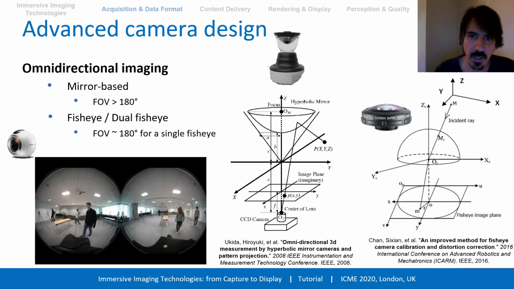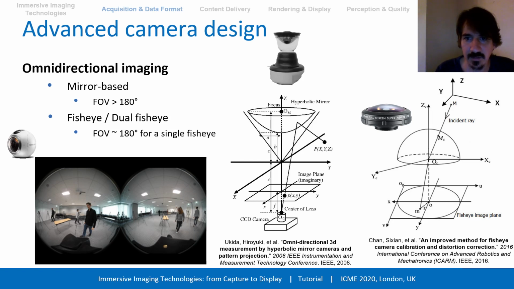Now that we have seen how light fields can be captured with a single device, let's see some specific cameras designed for omnidirectional images and videos capture. There are two main types of design, either based on a curved mirror or a fisheye lens. An example of design based on a curved mirror is shown in the middle, and here the shape of the mirror is a hyperbola, but other shapes exist, such as the parabola or an ellipse.